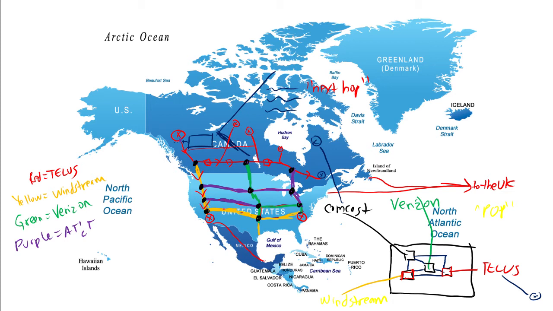And you can see that if I wanted to send it to Washington, I could probably draw out 10 different pathways.